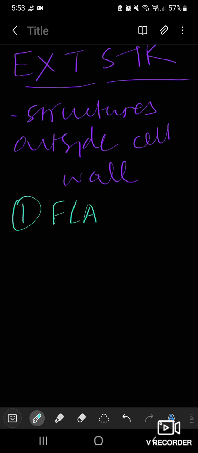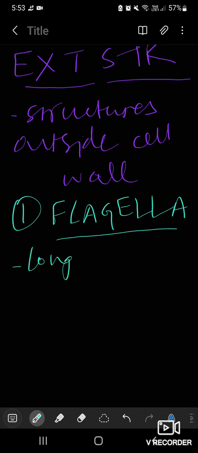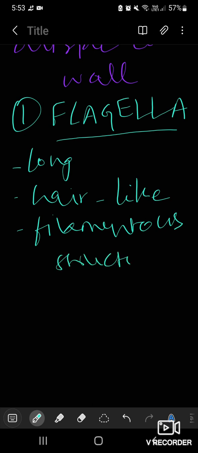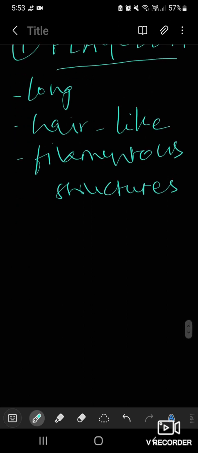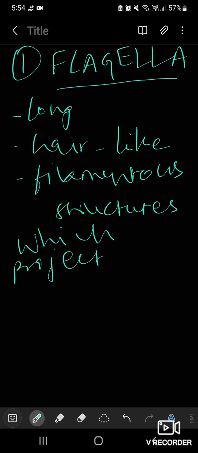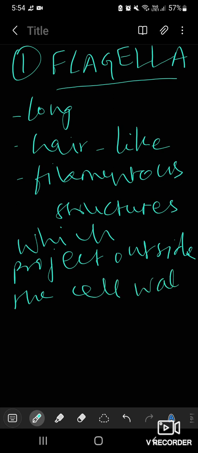flagella. Right? So flagella are long hair-like filamentous structures which project out of the cell wall, outside the cell wall.